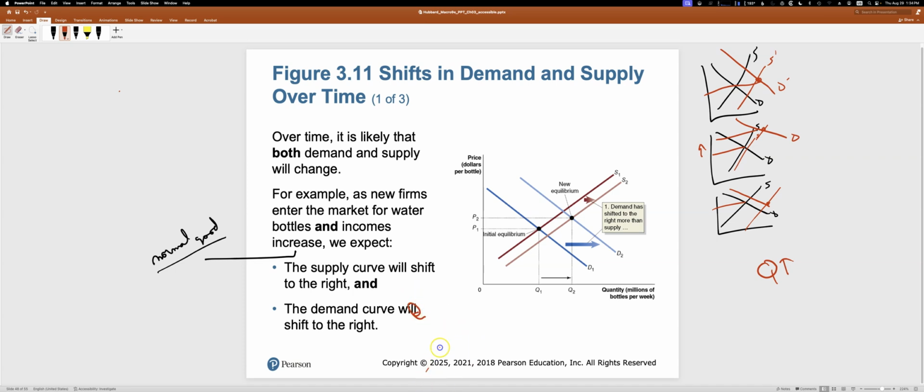There we go. But in this scenario here, my price went down. So the price moved in all directions. So price, we don't know. We don't know the price unless I tell you demand shifted more than supply, like the magnitude of the changes. Otherwise, price is indeterminate.